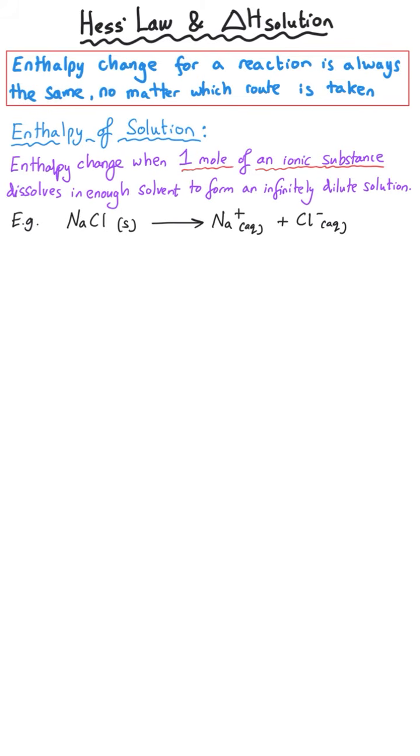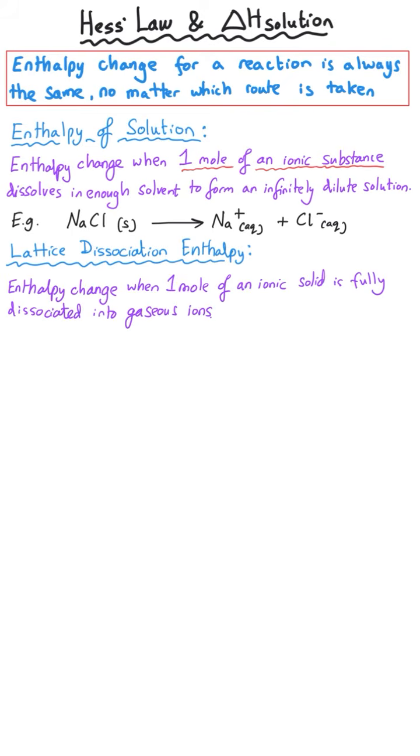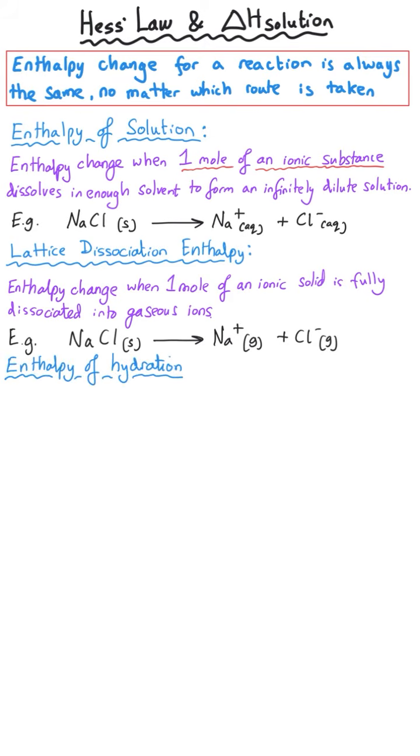And then if we look at the lattice dissociation enthalpy, the definition there is 1 mole of an ionic compound in solid form turns into its gaseous ions. And so NaCl(s) turns into Na+ gaseous and Cl- gaseous. And last of all, this new term of the enthalpy of hydration.